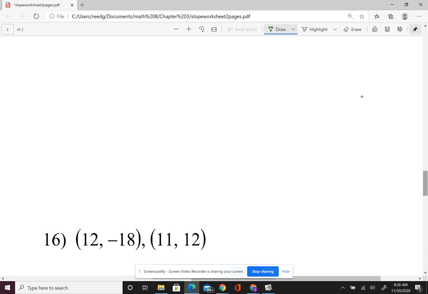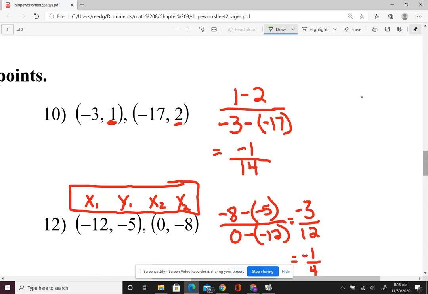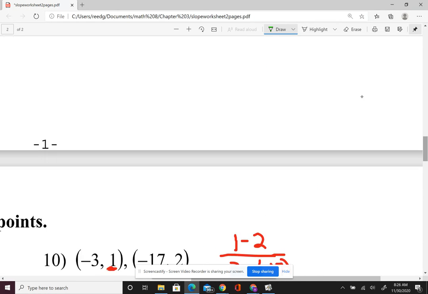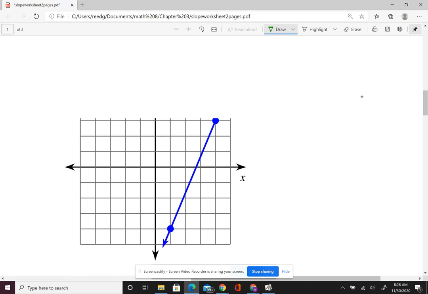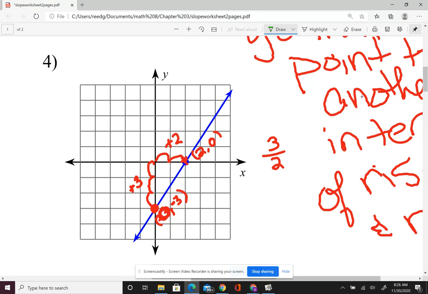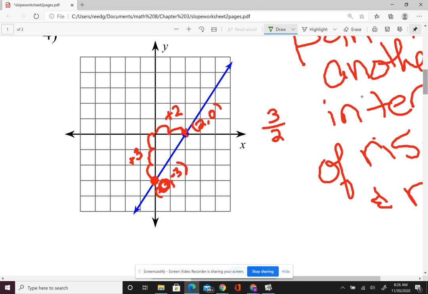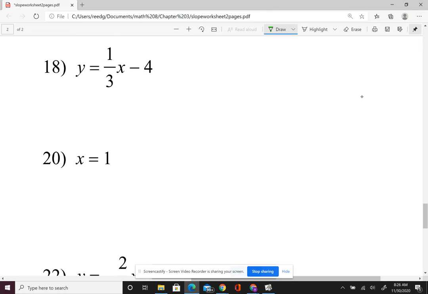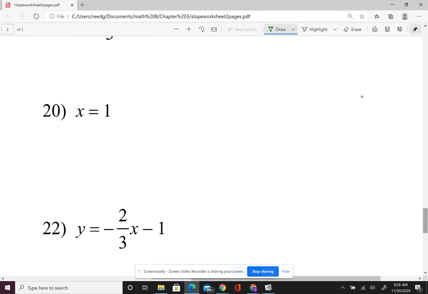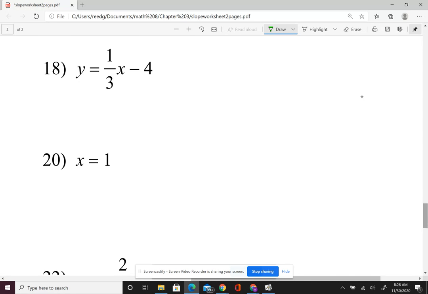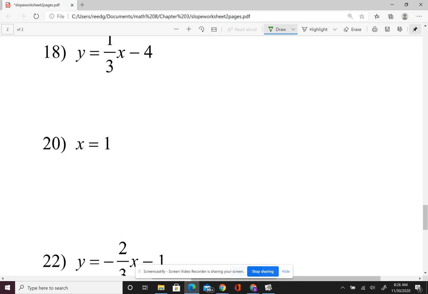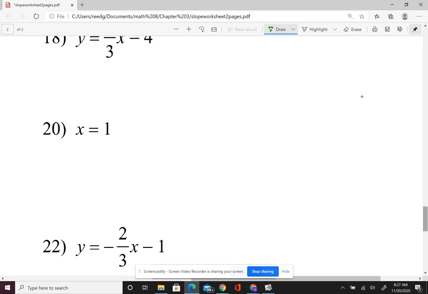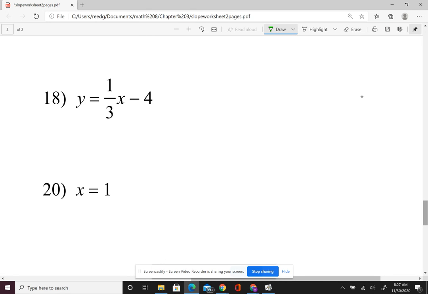So I want to see work on these ones. I want to see the little marks like that on these ones. And on the last ones, if it's already solved for y, just circle the number that's in front of x and put that down as the slope.